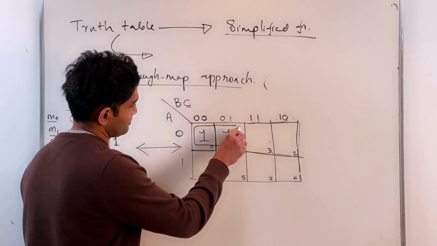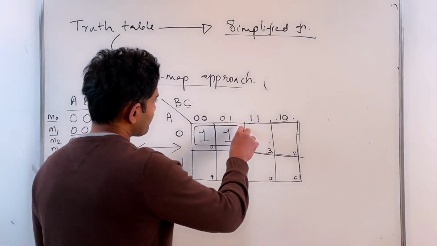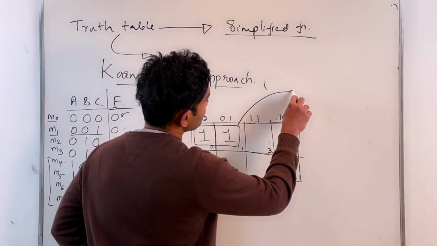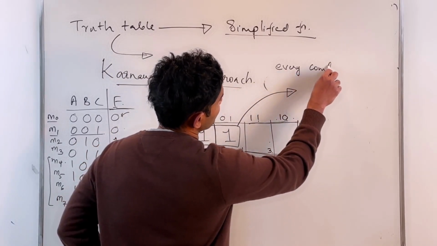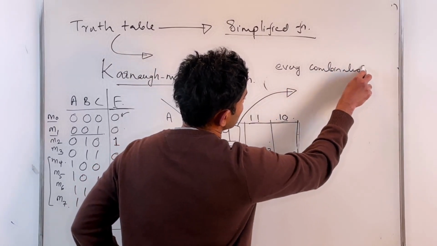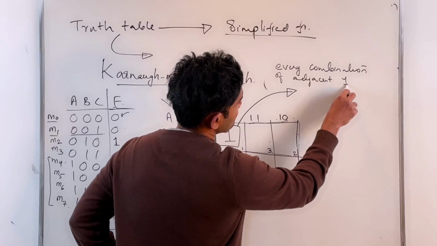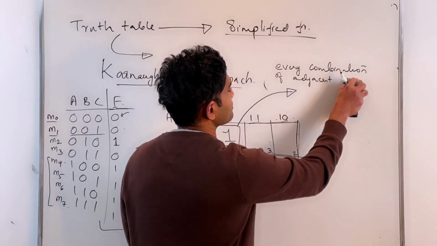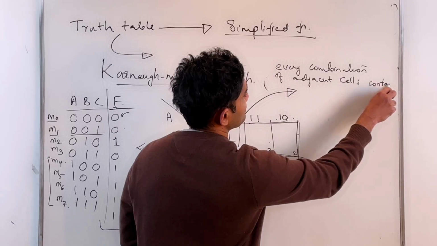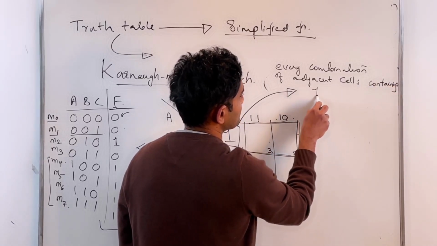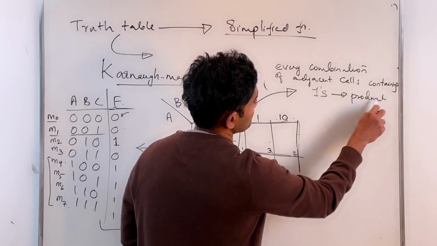Now, every time I combine them, every combination of adjacent cells containing ones produces a product term. And how do I write this product term?